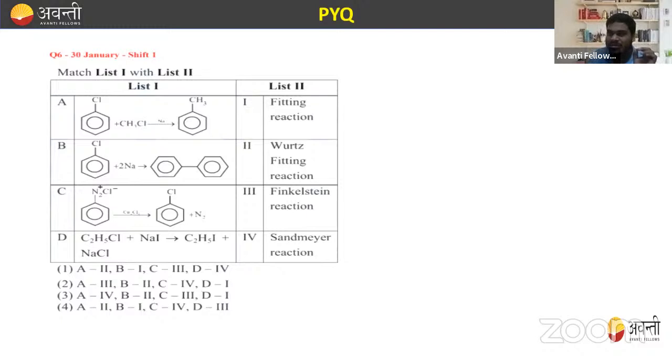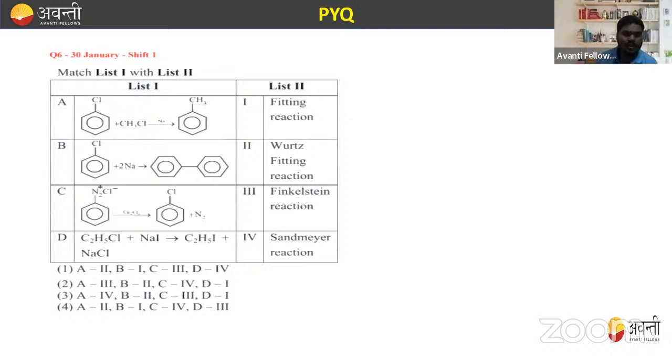Always try to learn the reactions name-wise, because many times they ask what is the reagent used in this question, or what the reaction is called. So these types of match questions are generally coming, right? So please try to learn all the name reactions so that you can easily identify the type of reaction.